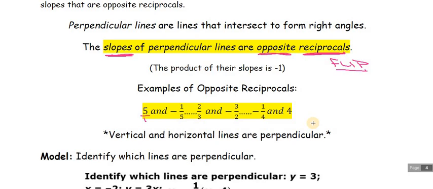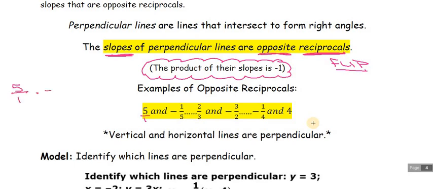Now technically, with these opposite reciprocals and these perpendicular slopes, the product is -1. So if I multiply 5/1 times -1/5, we can cross cancel the 5s, and we're just left with -1. So that's another way that you can check for opposite reciprocals.